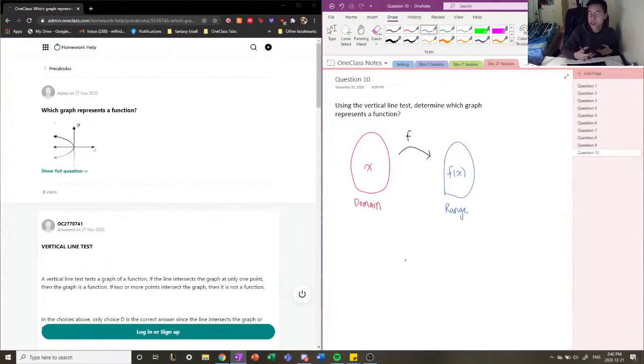In previous lessons, I have very much emphasized these two facts, that there's a domain and there's a range. But there's another property of functions that we need to define, which is what we call one-to-one. That means that one value in our domain maps to a singular value in the range.